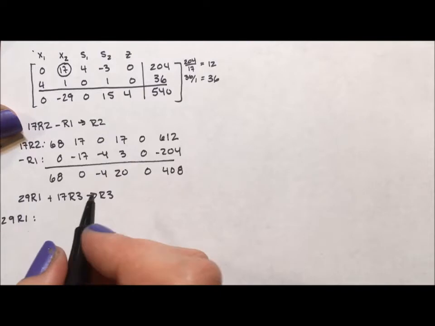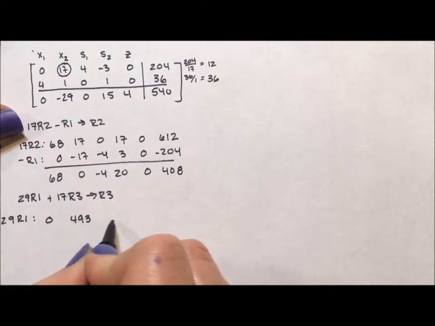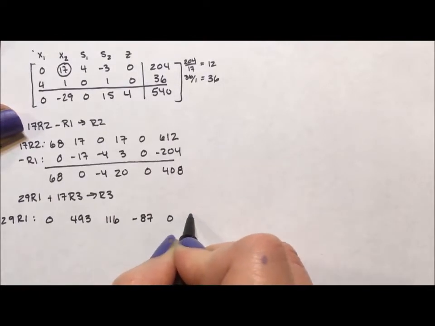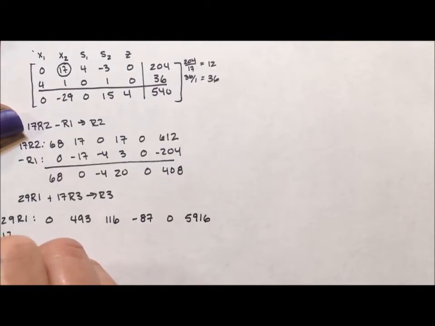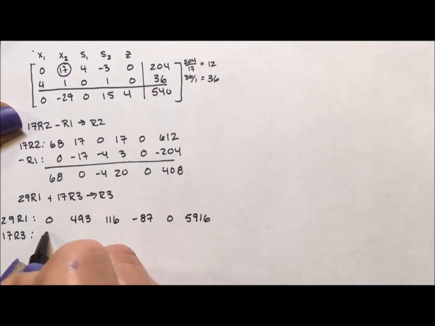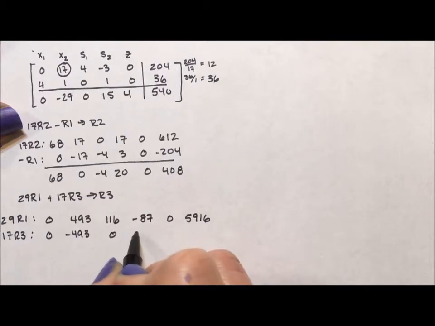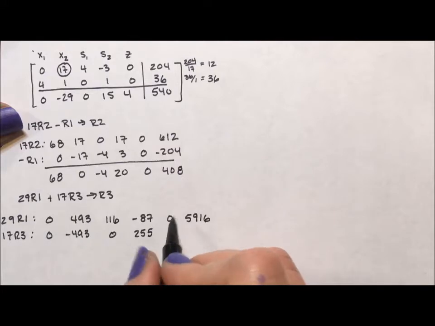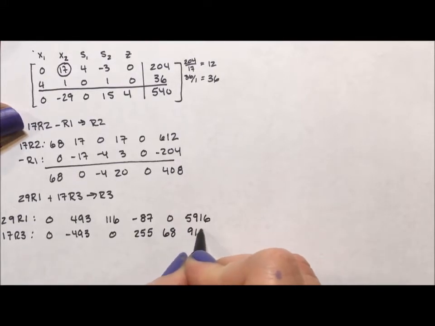29 row 1 is going to be 0, 493, 116, negative 87, 0, and 5,916. 17 row 3 is going to be 0, negative 493, 0, 255, 68, and 9,180.